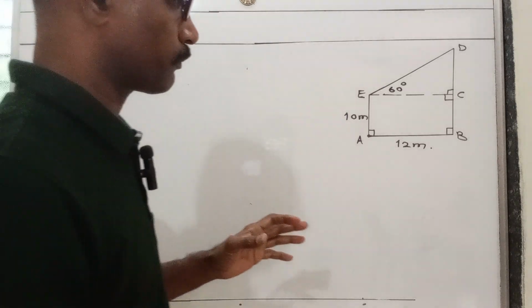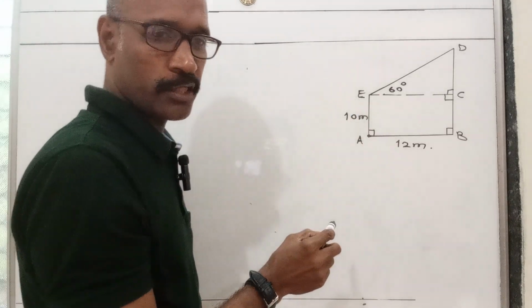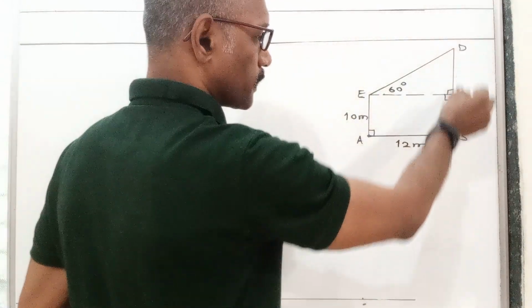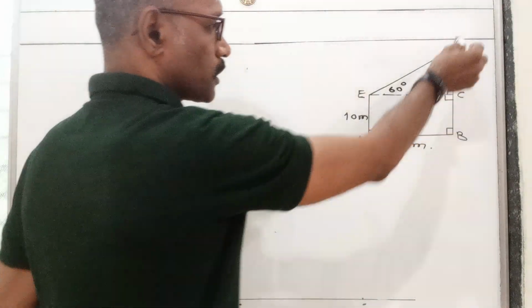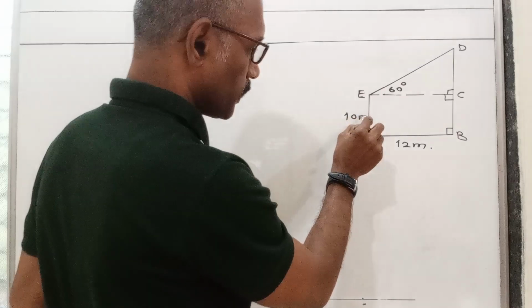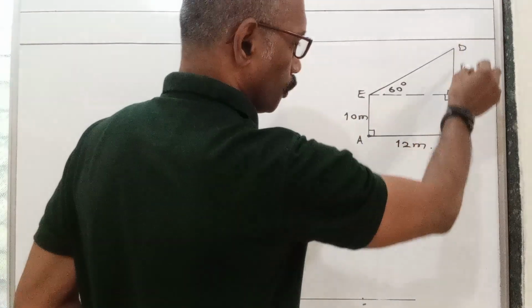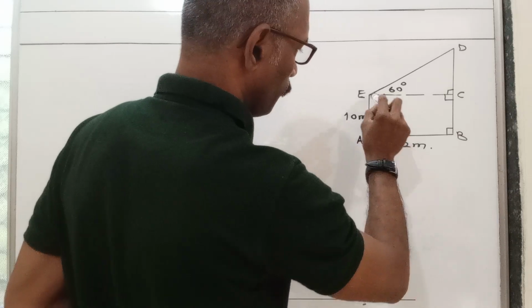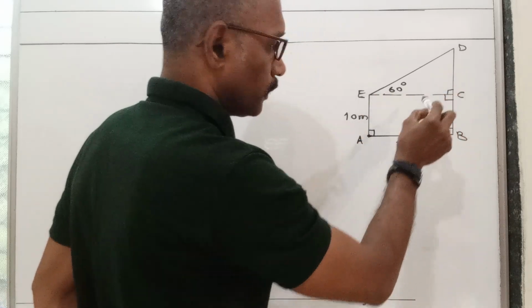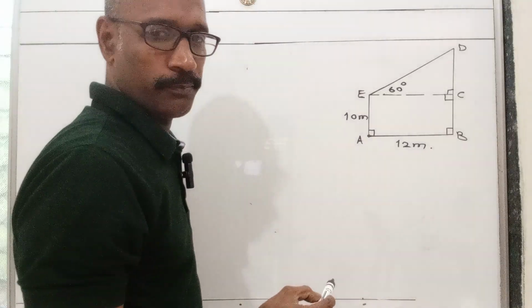Now see this carefully. Here, AE is the first building and BD is the second building. Now this is taller than this. This is 10 meter high, and this we don't know. So see here, we draw a straight line that is perpendicular to this BD.